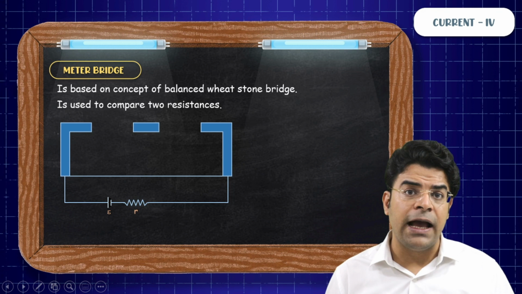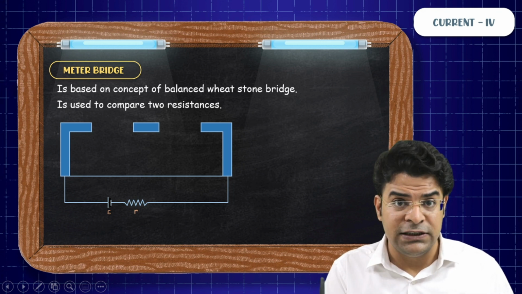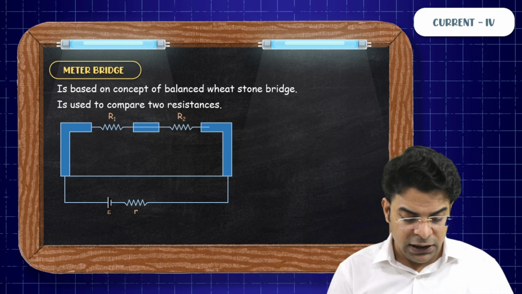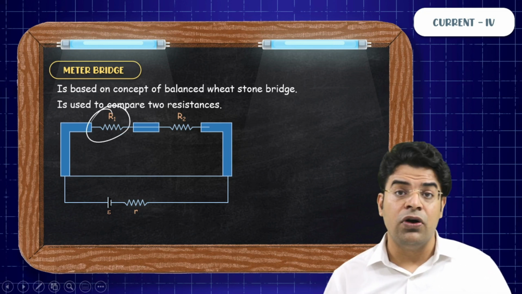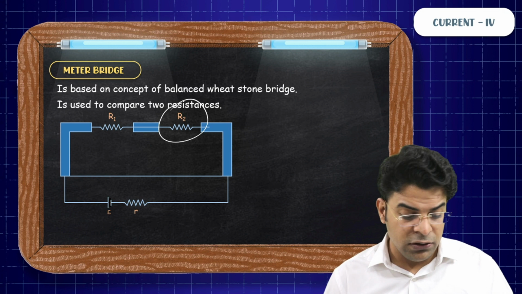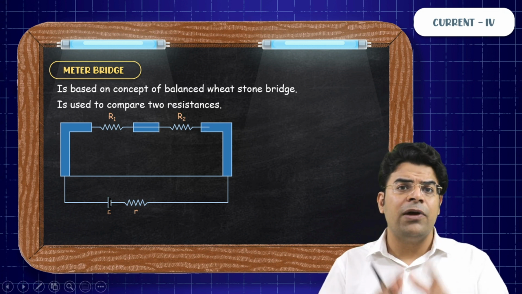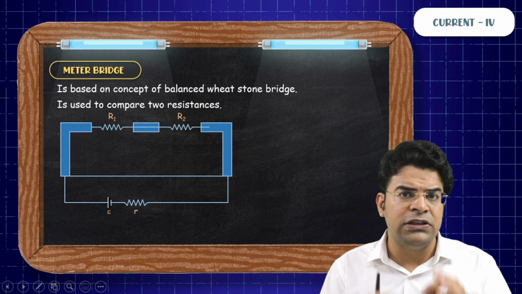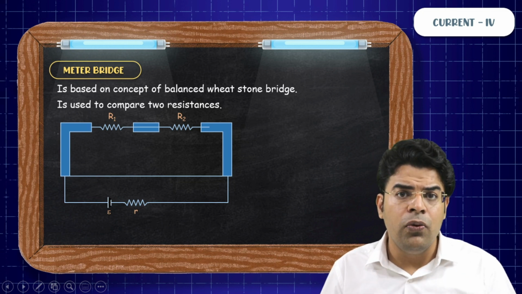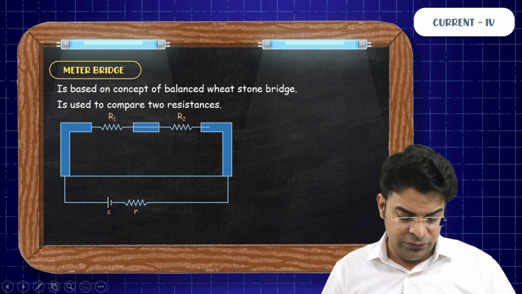In these two gaps, we place the two resistances which have to be compared. Let's say those are R1 and R2. Now this one is called the left gap, and this one is called the right gap. So in this diagram, in the left gap we have got resistance R1, and in the right gap we have got resistance R2.